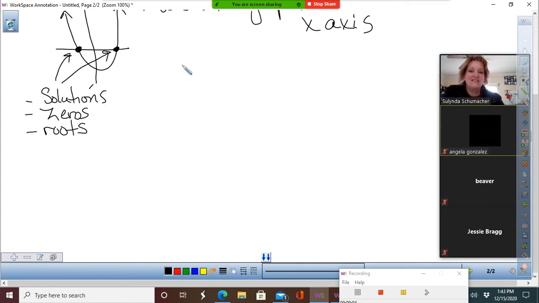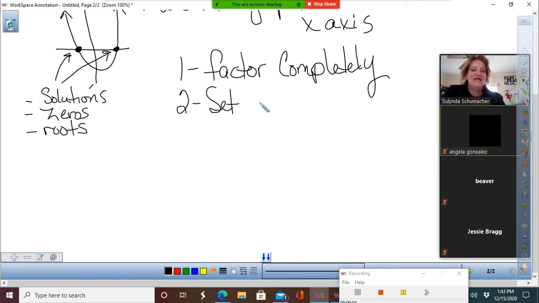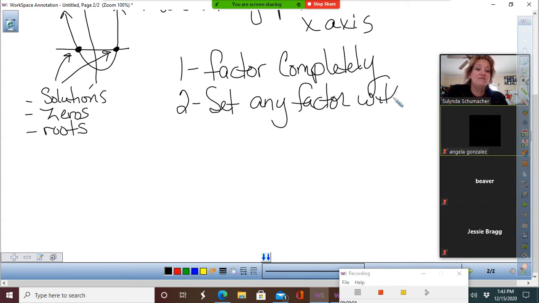Here are our steps. Step one, you're going to factor completely. Step two, you're going to set any factor with a variable equal to 0.